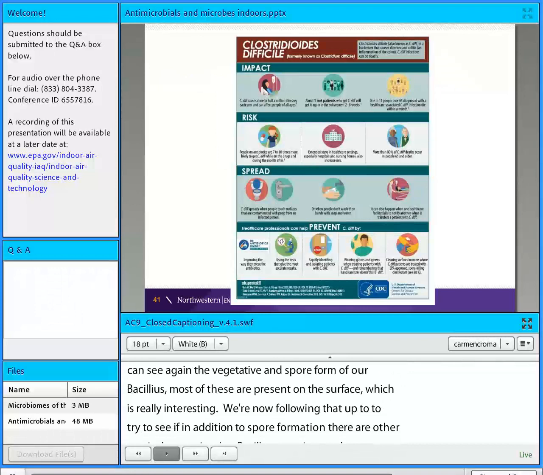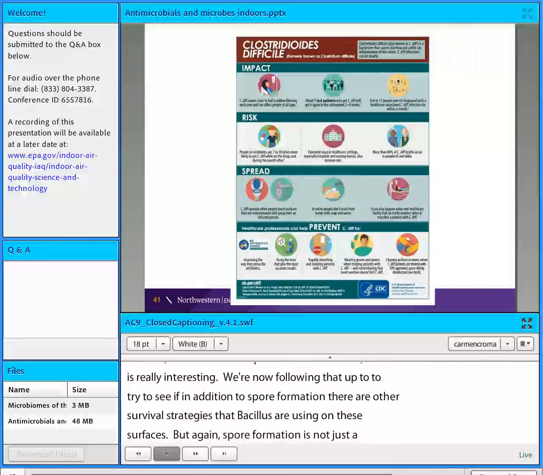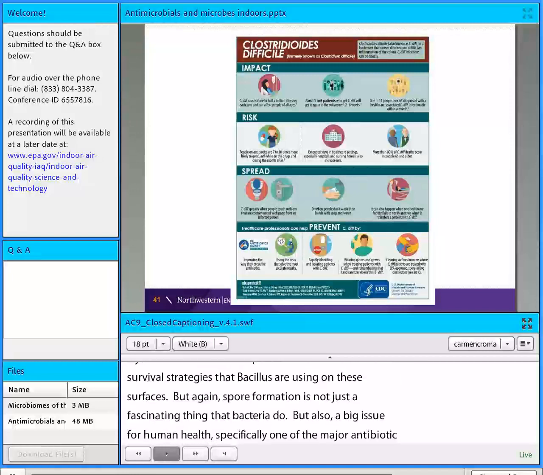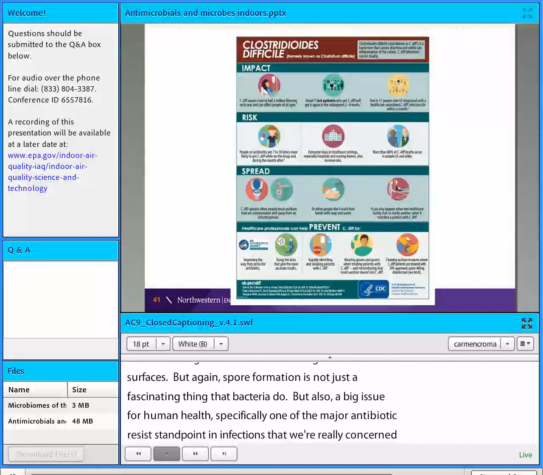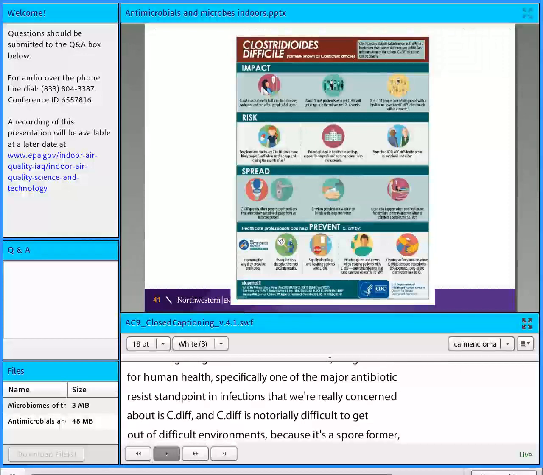But again, spore formation is not just a fascinating thing that bacteria do, but also a big issue for human health. Specifically, one of the major antibiotic-resistant infections that we're really concerned about is C. diff. And C. diff is notoriously difficult to get out of different environments because it's a spore former. It's so hardy in the environment, it's really hard to kill once it's in there.